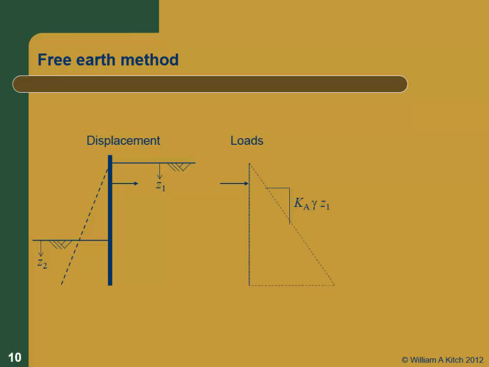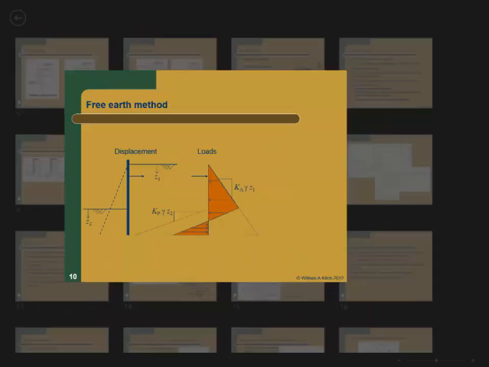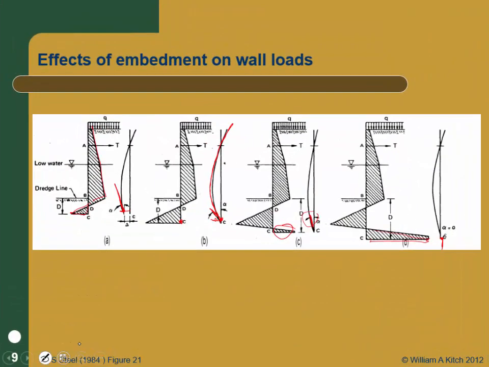We're going to assume that we have active earth pressures on the backside of the wall, and that we develop passive earth pressures on the front side of the wall below the depth of embedment. So we end up with a net earth pressure diagram that looks something like this, which corresponds to this condition.